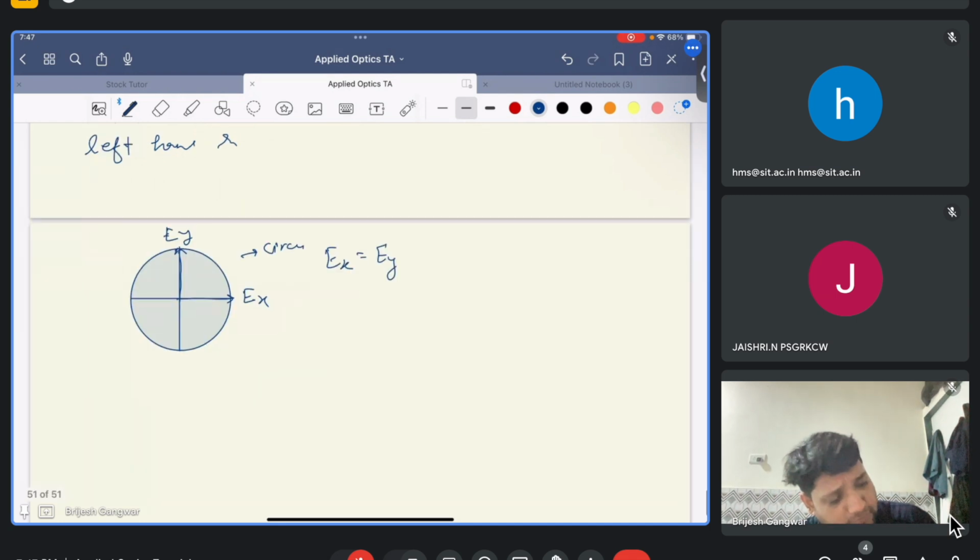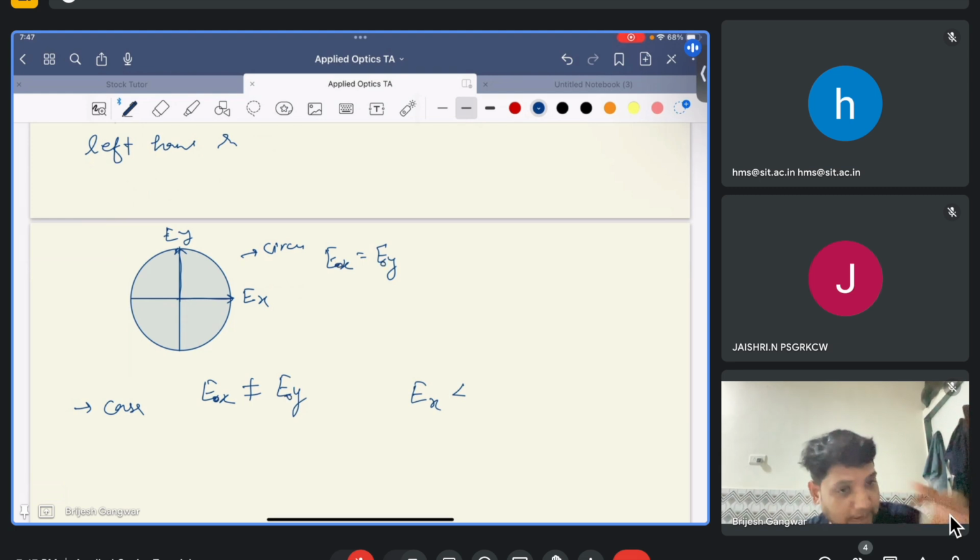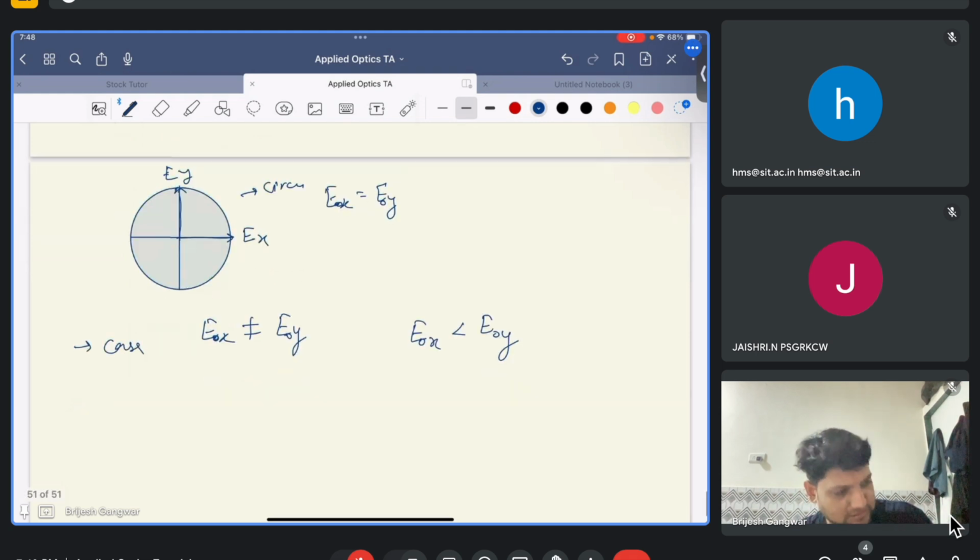Now, if we consider the case where Ex is not equal to Ey, in that case there will be E0x less. Sorry, not Ex, E0x. The amplitudes of the waves which we are combining are not equal, less than E0y.